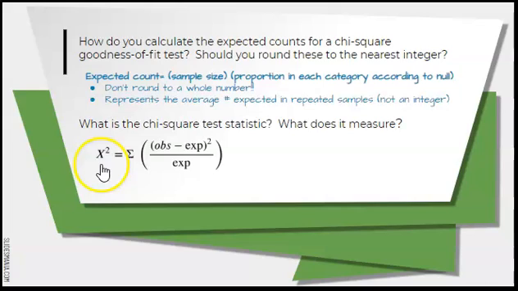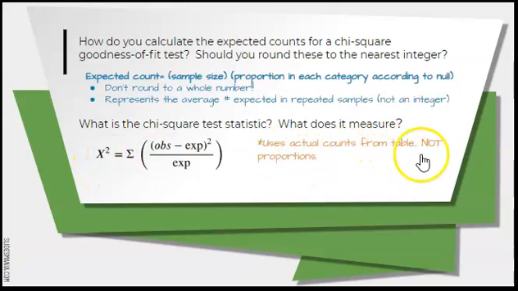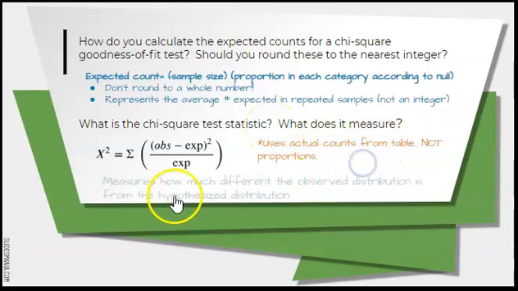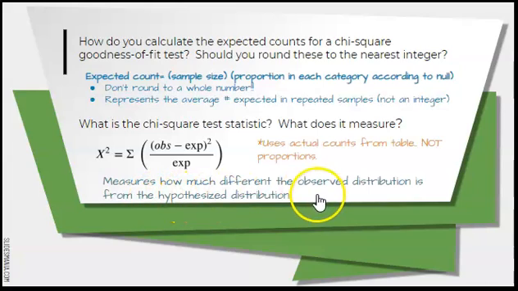And that will give us a chi-squared value. Again, it uses the actual counts from a table, not proportions. So don't make them proportions, use the actual counts. And I'll model all of this for you in a little bit. And what does this actually measure? It measures how different the observed distribution is from the hypothesized distribution. That's the goal of chi-squared.